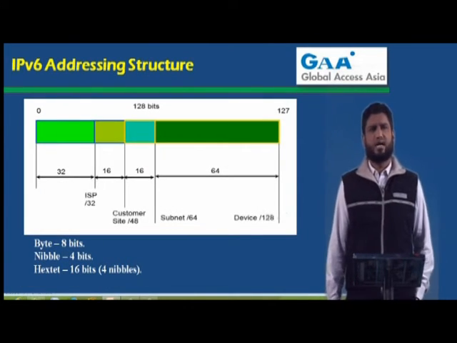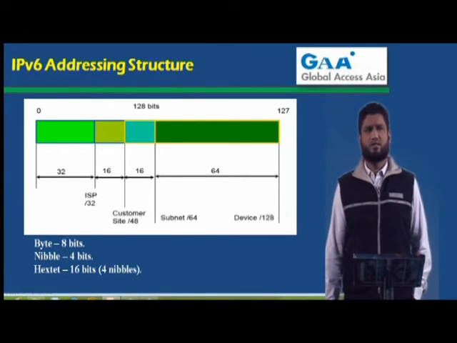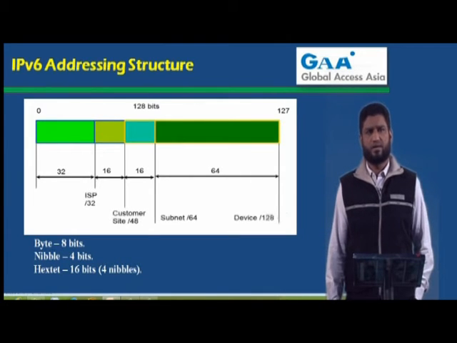IPv6 addressing structure here is very important. You can see from left to right, the first 32 bits are defined for the ISP, Internet Service Provider, and if you add 16 bits to 32, it is now 48 bits, and this is the customer side.